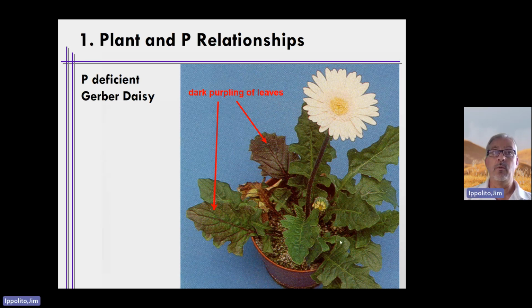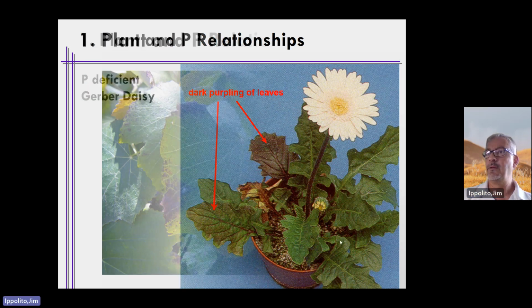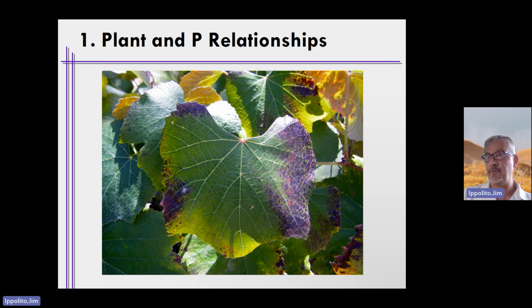Let me share with you one other picture, and this picture is phosphorus deficiency in grape. And it's hard to tell that this is an older leaf, but if you've ever worked with grapes or walked in a vineyard, maybe like in the northeast part of the state of Ohio, the northwest part of Pennsylvania, or southwestern New York, you might see this deficiency, and you would see it in leaves that are really, really big, like you see in this picture.